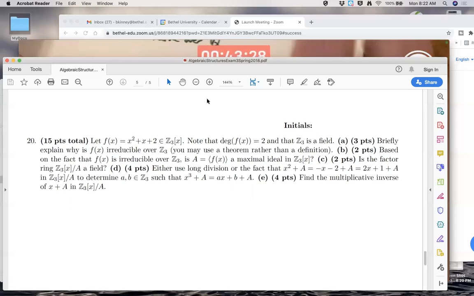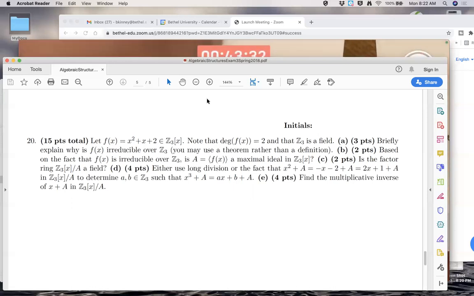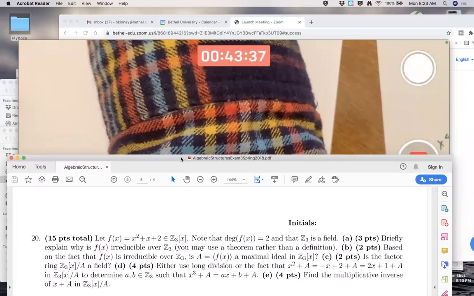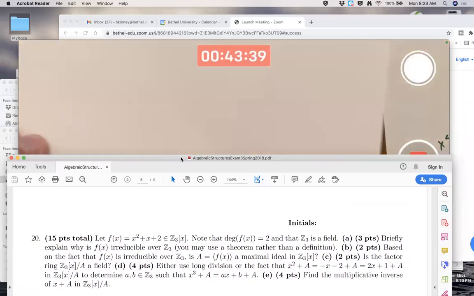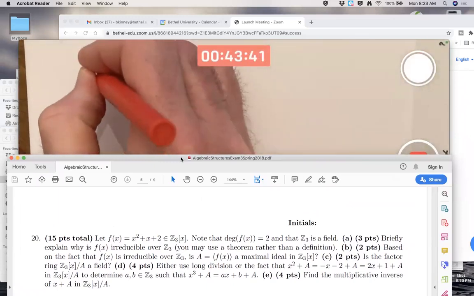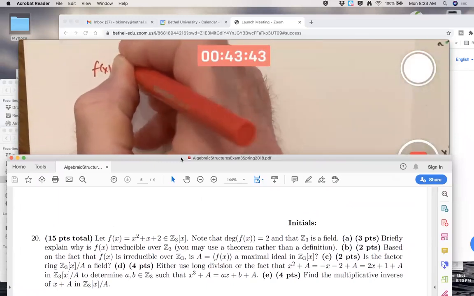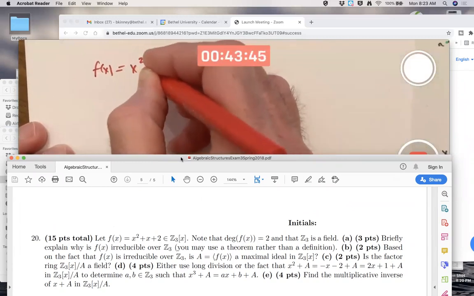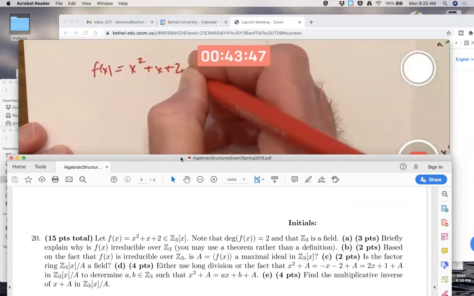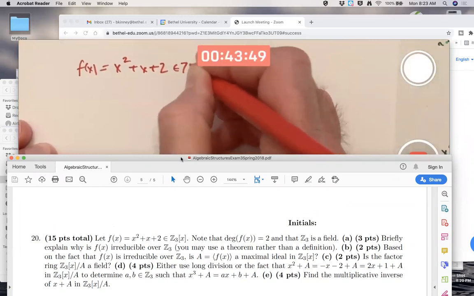Okay, so let's work through this. x squared plus x plus 2, again in Z3[x].